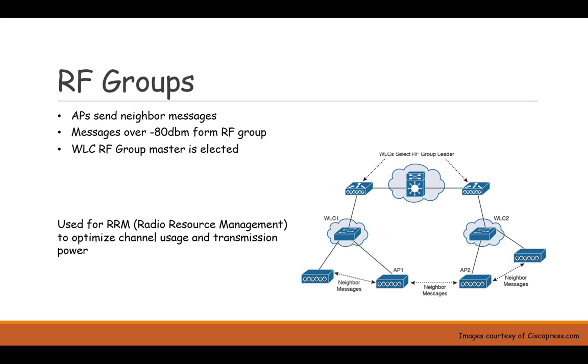When wireless controllers form an RF group, they elect a master, and the master controller is responsible for doing the calculations for the radio resource management to coordinate all of the access points in the group so they don't interfere with each other, or at least have as little interference as possible.